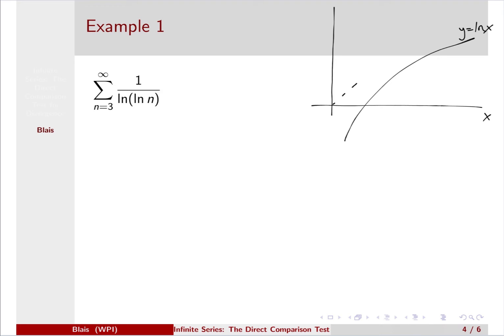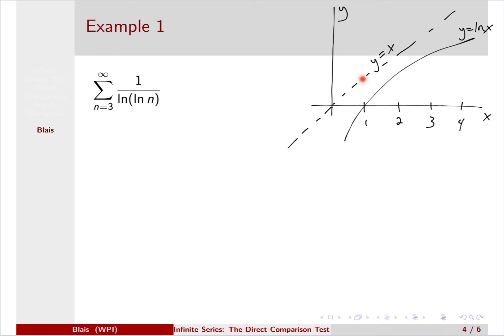But if we draw the 45-degree line, which is y equals x, and think about the comparison here, if n is 1, natural log is smaller than n.